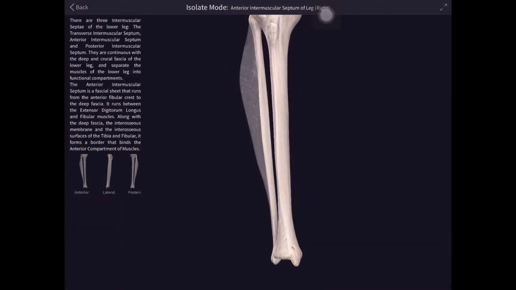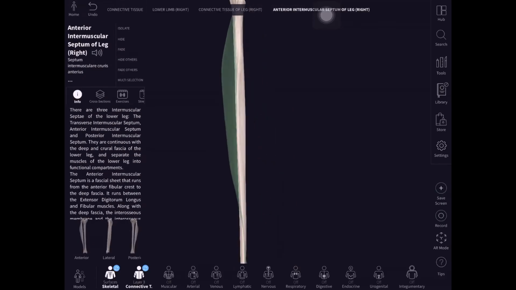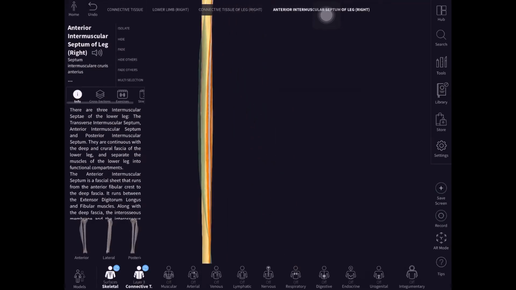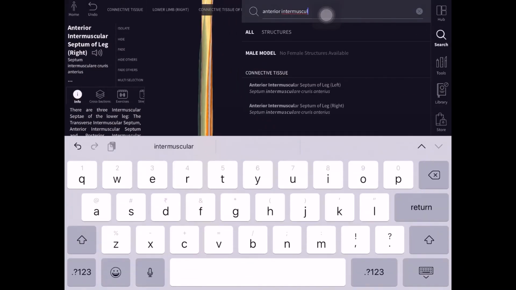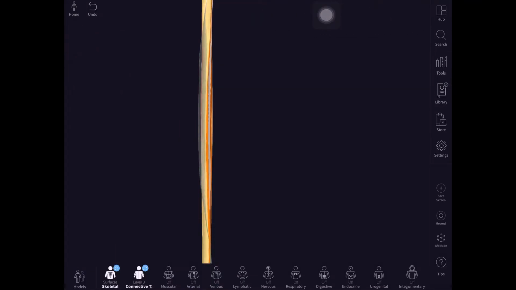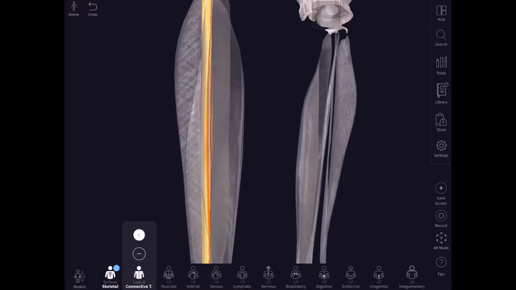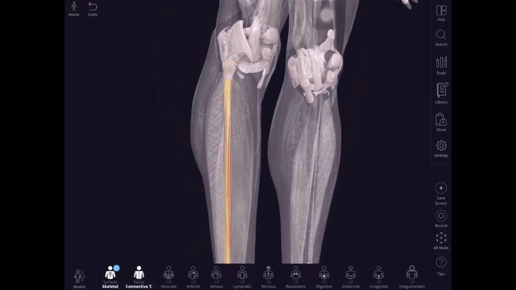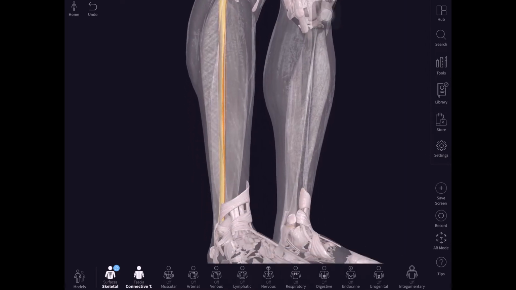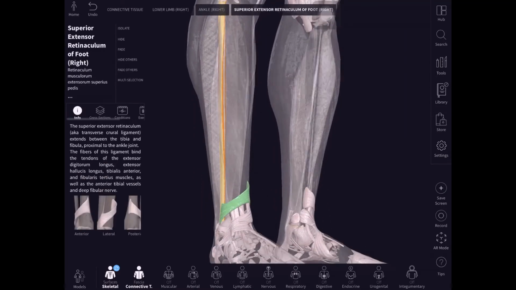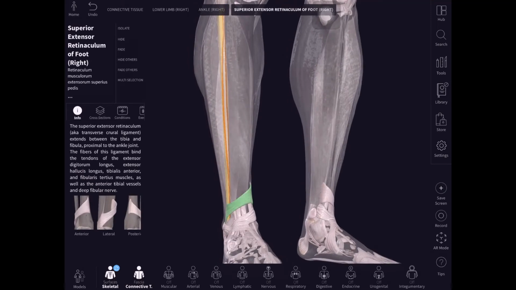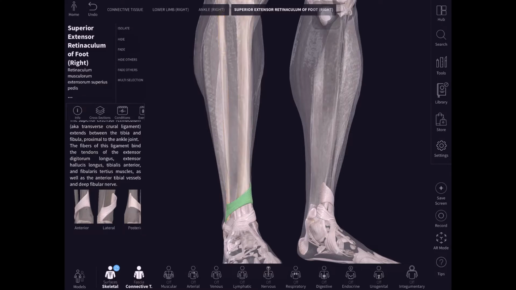Other than the septum, the other thing coming from your border, at the lower part where it is splitting, is this one you are noticing: the superior extensor retinaculum of the foot or the ankle.